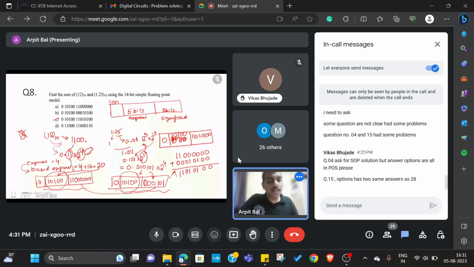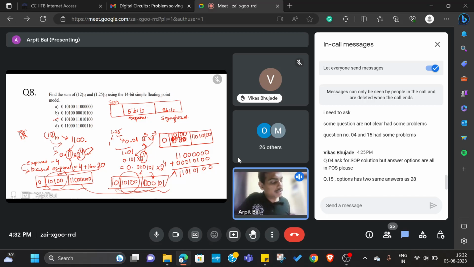Okay, so similarly for question number 8, we had to find the sum of these two numbers. The first thing we did is convert 12 and 1.25 into the simple floating point representation, based on the rules given.